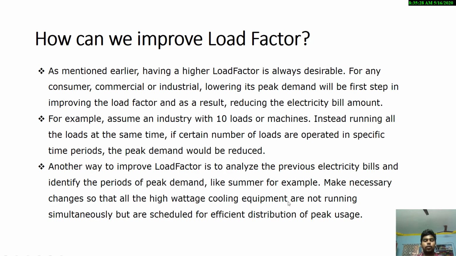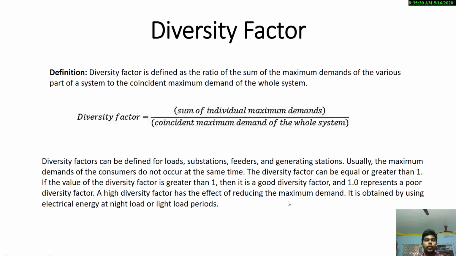The next one is diversity factor. Diversity factor is the ratio of the sum of the maximum demands of the various parts of the system to the coincident maximum demand of the whole system.